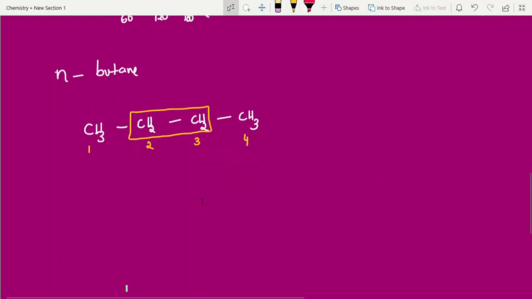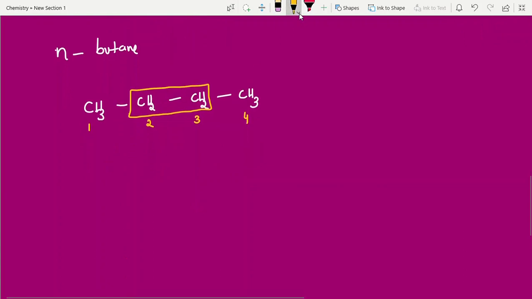Okay. Now try to write the structure. One is what, students? One is back carbon, another one is front carbon. Suppose 2, 3. This is front carbon, this is back carbon. You can observe like this. Now, front carbon I am fixing.